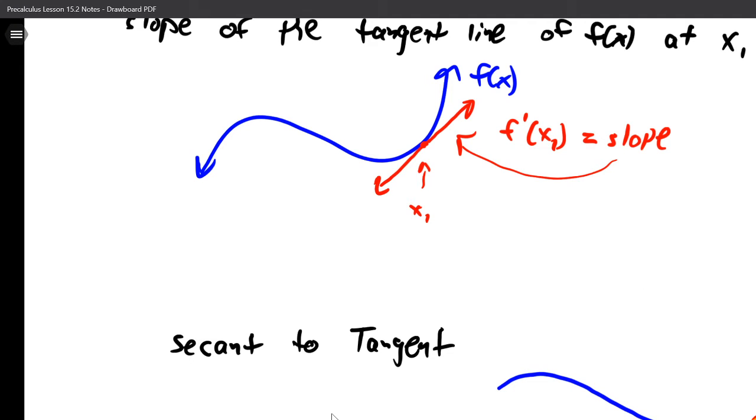Well, under most circumstances, that would be an even better approximation. Well then, what if we move the point even closer? As you move closer and closer and closer, your slope is getting to be a better and better approximation of the slope at that one point.